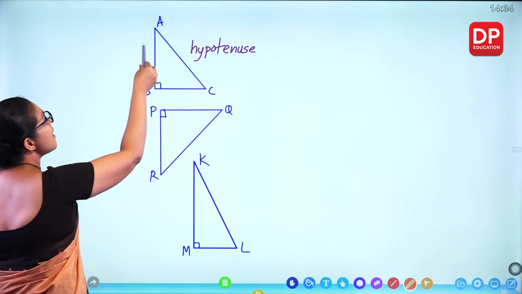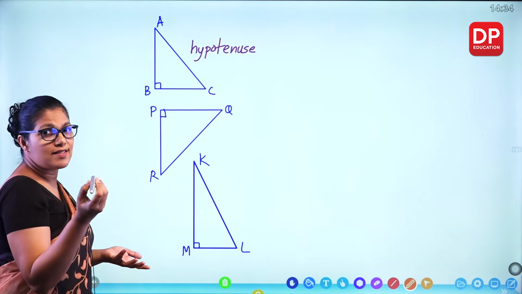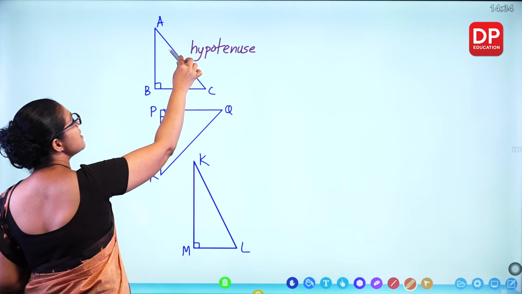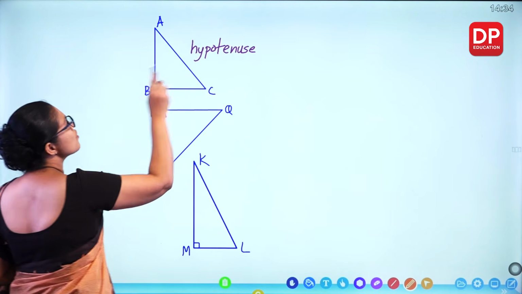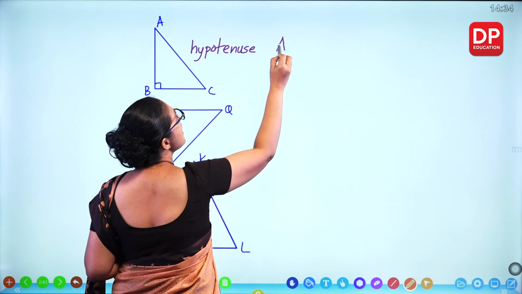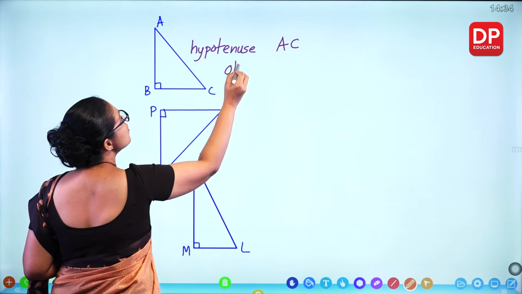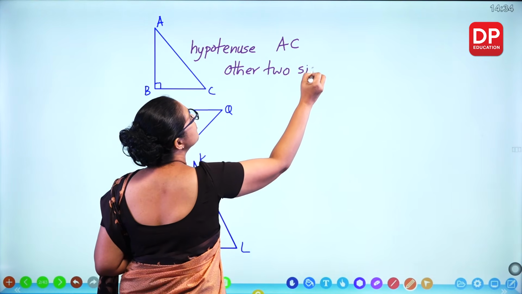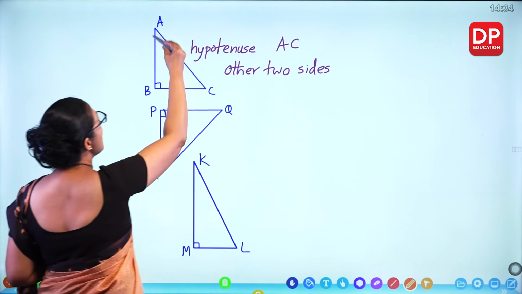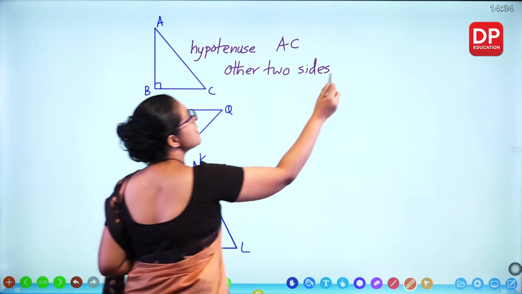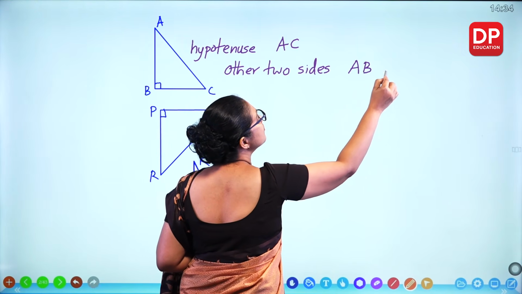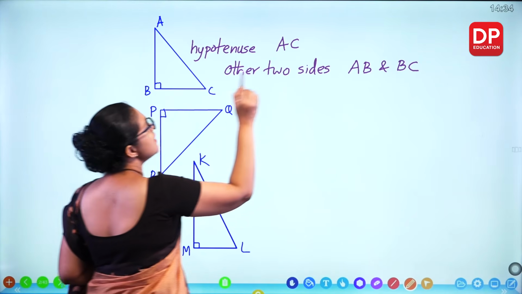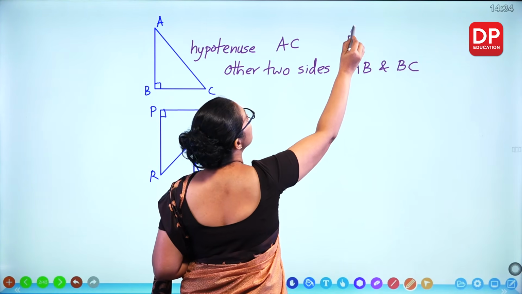And the other two sides we just call the two sides. Hypotenuse you have to identify, then the other two sides. So what is the hypotenuse here? AC. The other two sides are AB and BC. Which is the right angle? B angle is the right angle.